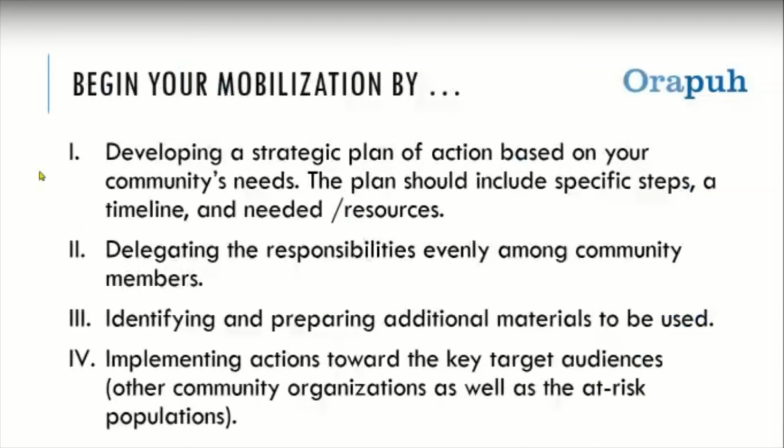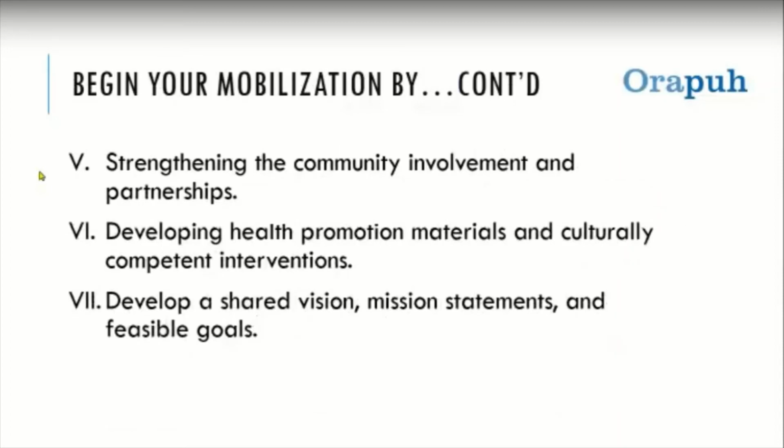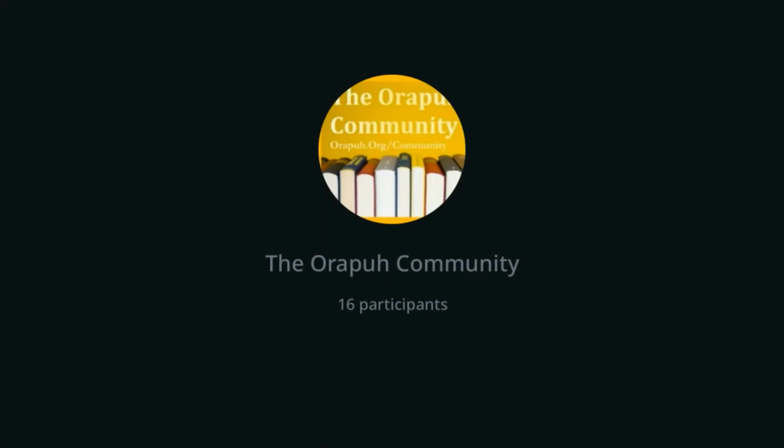So number 5, strengthening the community involvement and partnership. Yes, you have to make the bond between the community members very, very strong, and the partnership with the healthcare mobilizers or the NGOs in place. They will have to strengthen the community involvement in one way or the other.